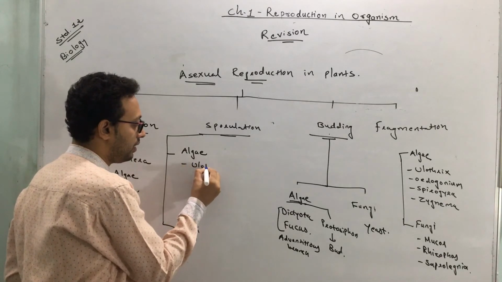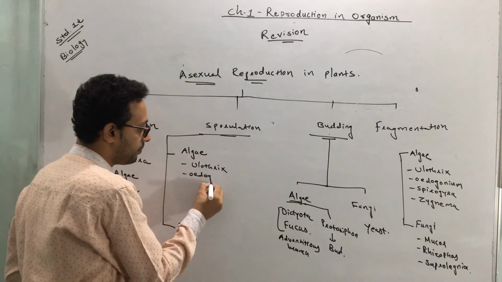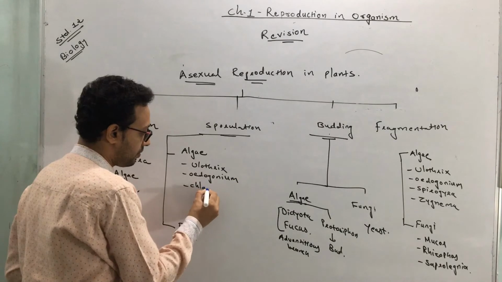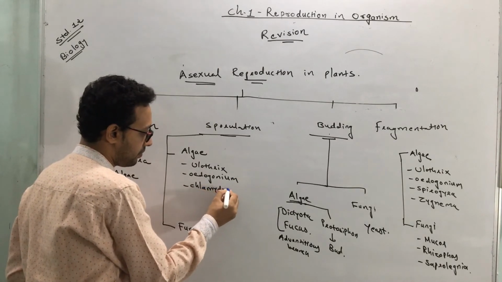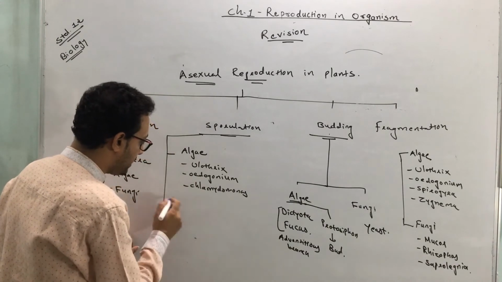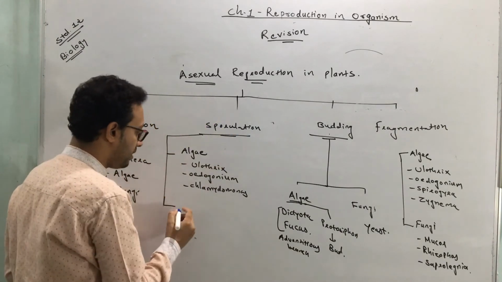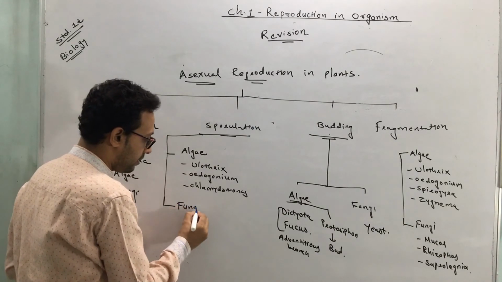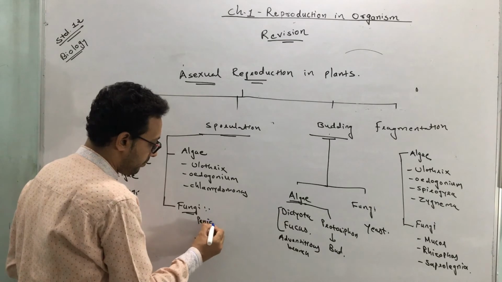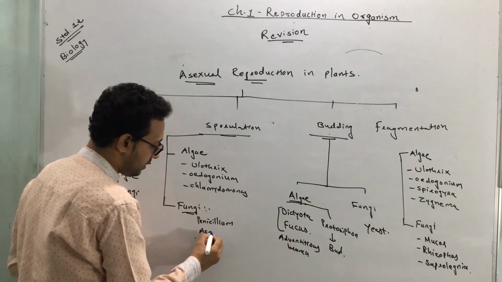The examples are Cladophora, Oedogonium and Chlamydomonas. Which fungi reproduce asexually by the sporulation method? There are two important fungi: Penicillium and Aspergillus.